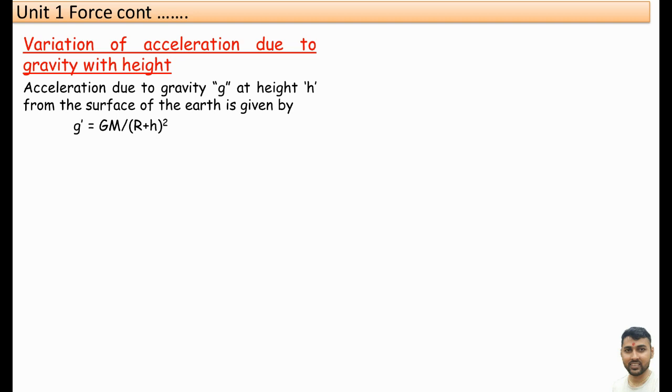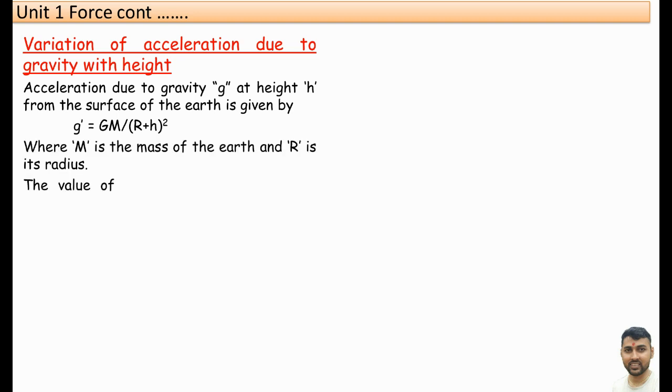We know that acceleration due to gravity g is equal to GM by only R square, but acceleration due to gravity at a height h from the surface of the earth is given by the formula g' is equal to GM by (R plus h) whole square, where M is the mass of the earth and R is its radius.